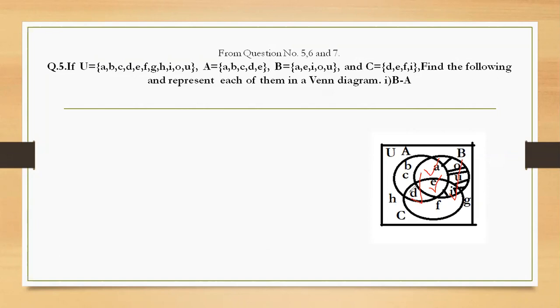After filling these elements, now we have to start writing the remaining elements of set A. Look, A is written already, B also written there, C also written there, and D also written there.